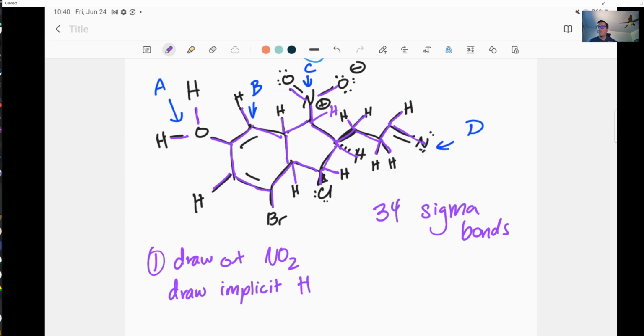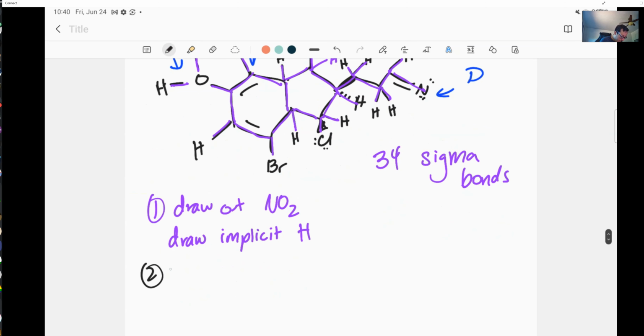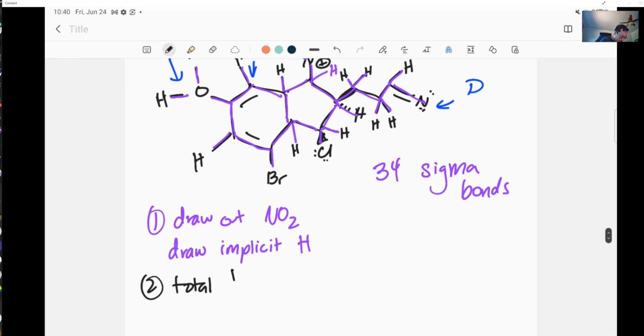All right, total number of non-bonding pairs. What does that mean? What does non-bonding pairs mean? Non-bonding pairs are lone pairs.